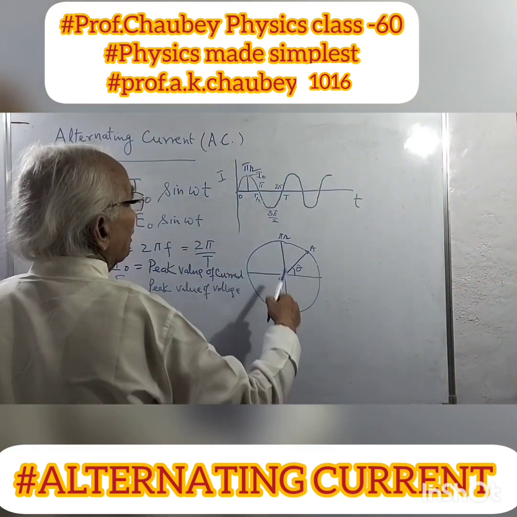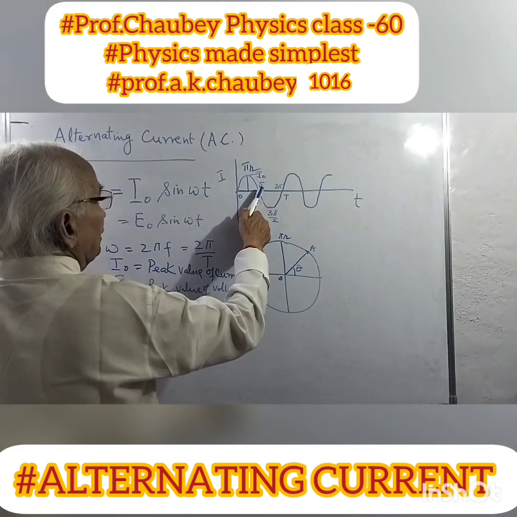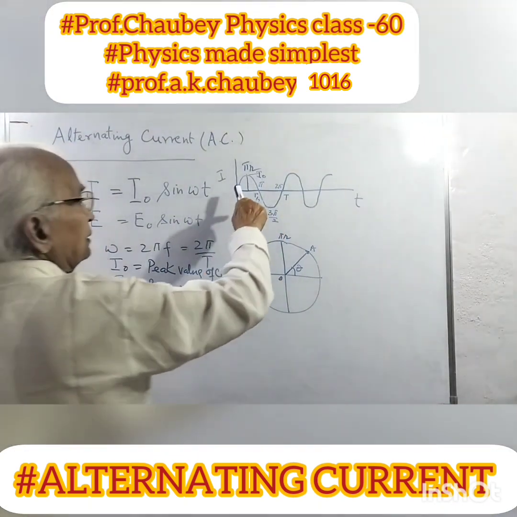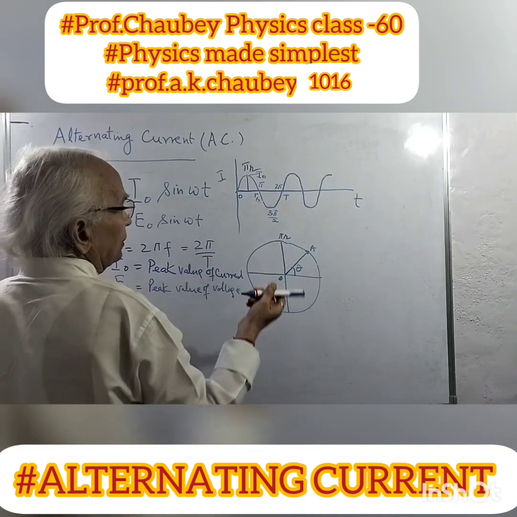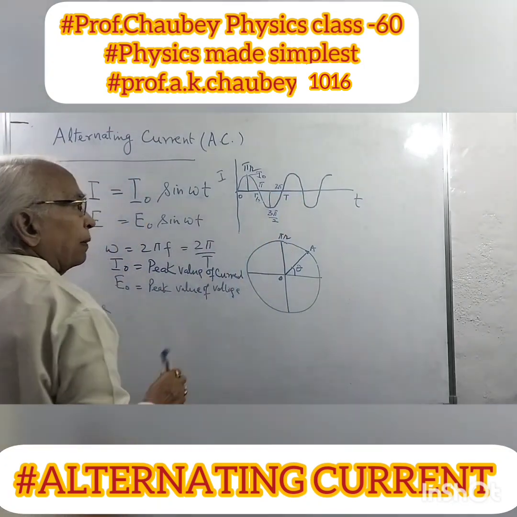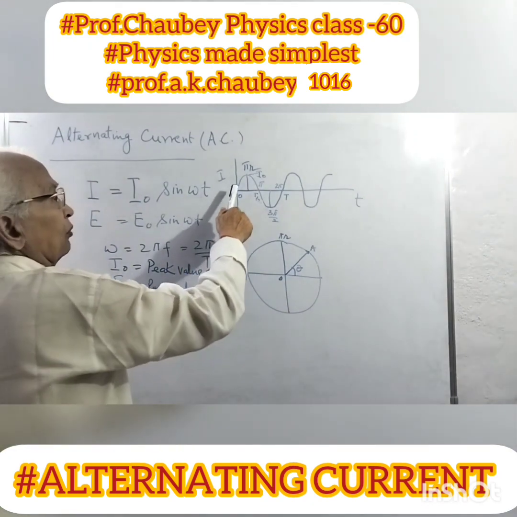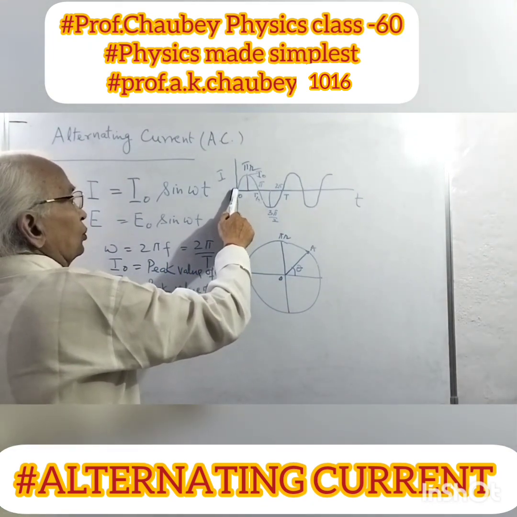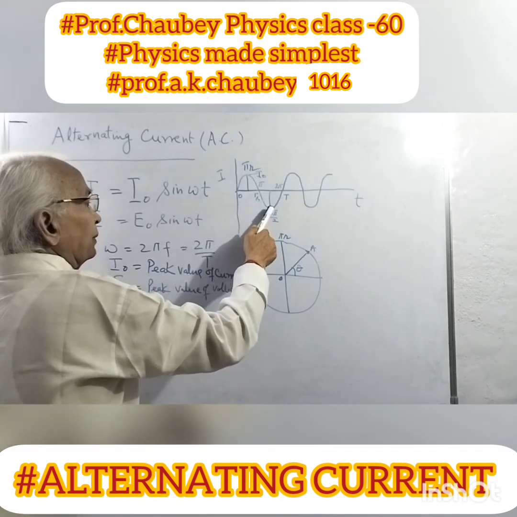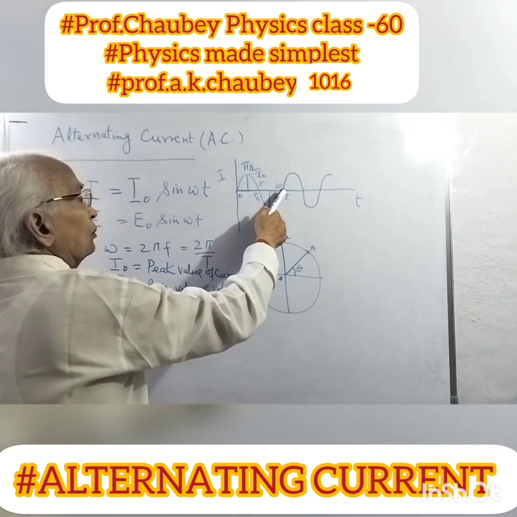From here to here, the current is in one direction, and then the current is in the reverse direction. So obviously the amplitude is the same, I naught here also. The current increases from 0 to maximum, then comes from maximum to 0. Here it goes from 0 to maximum on the negative side, then maximum to 0 on the negative side.